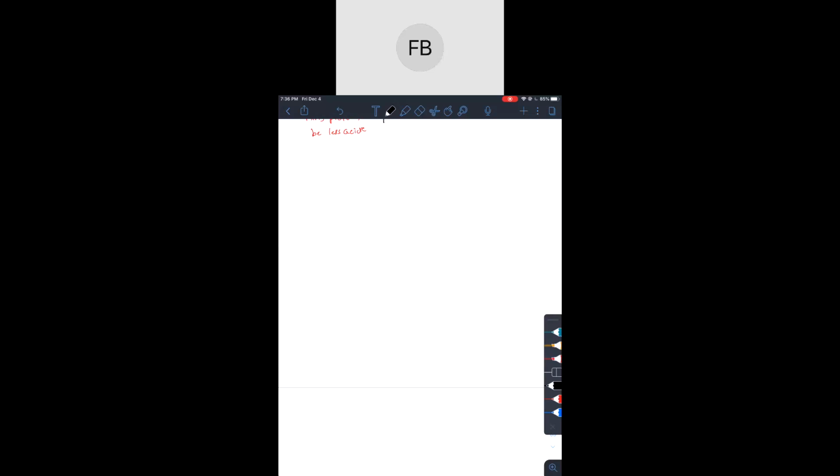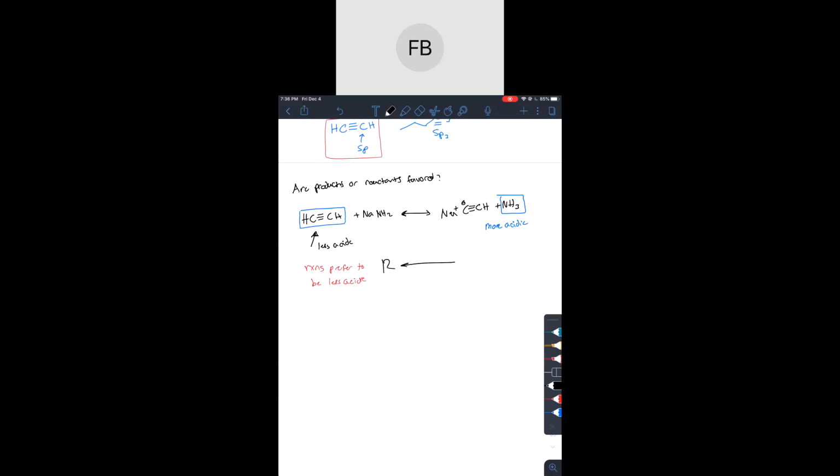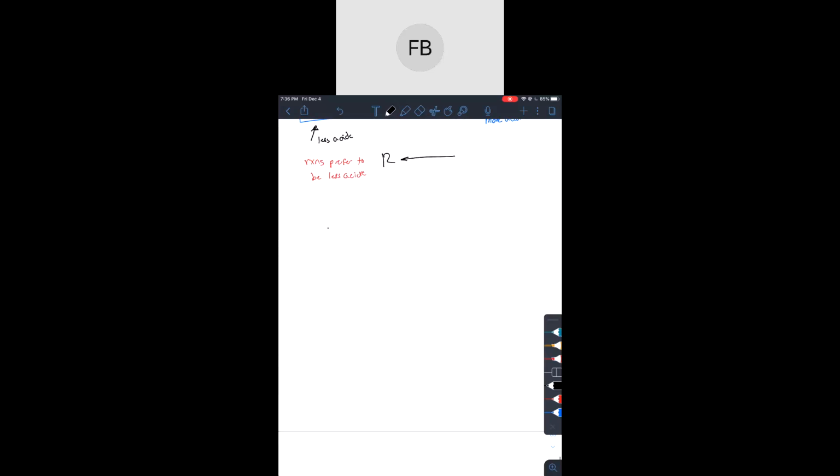The first most important thing to understand about triple bonded carbons is that they are going to be more acidic, or more willing to let go of their hydrogen, than a single bonded carbon. So that gives us an interesting situation where we can remove this hydrogen and it will remain a fairly stable molecule, right?